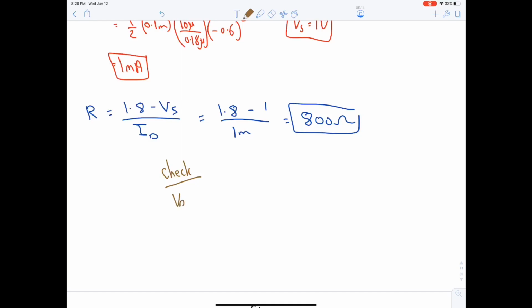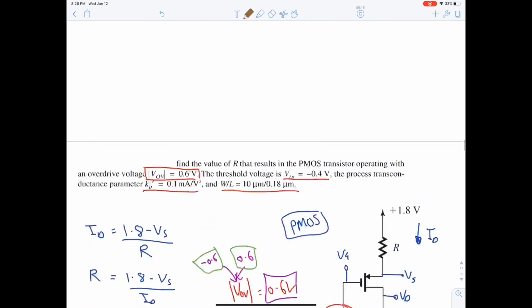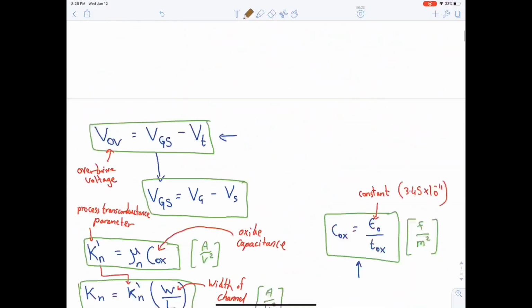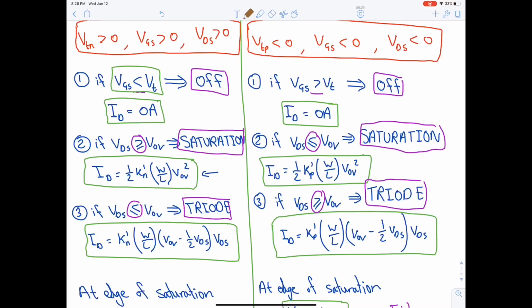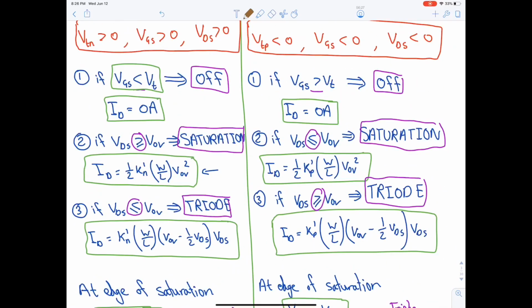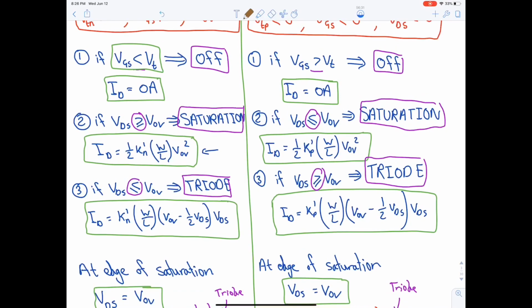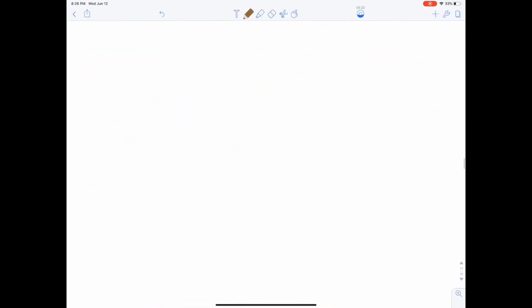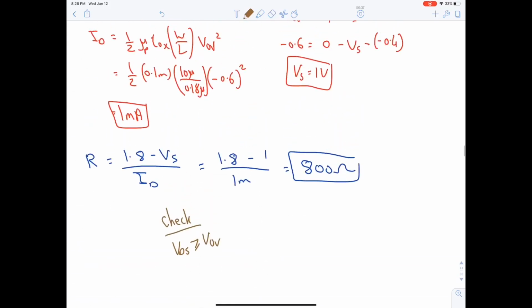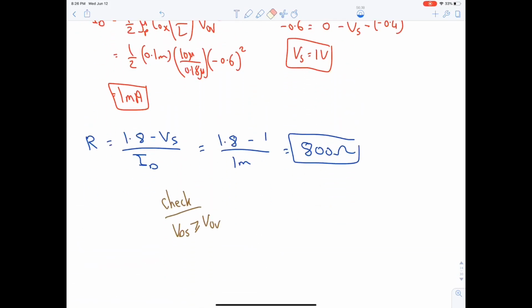VDS is greater than or equal to VOV. For PMOS, it's greater than. No, actually, it's less than. VDS has to be less than or equal to VOV.